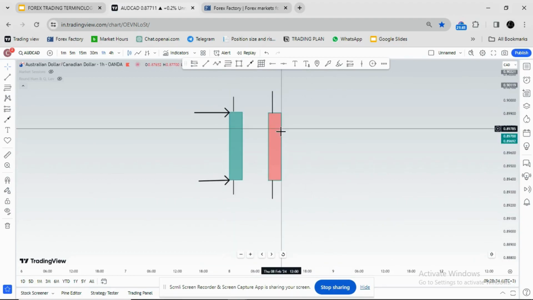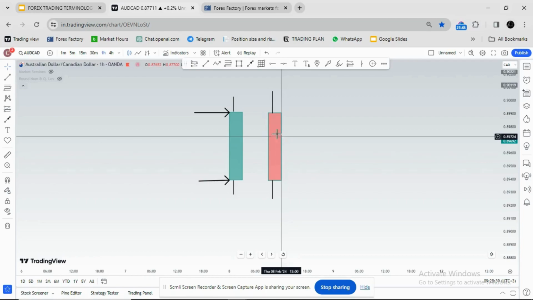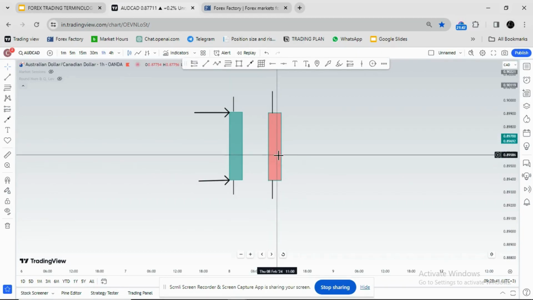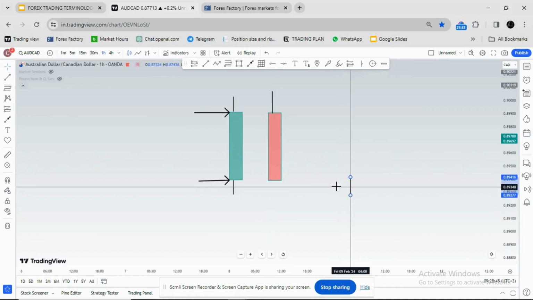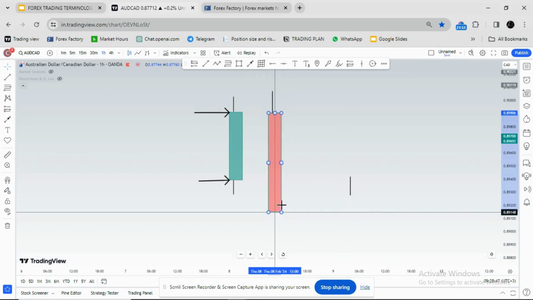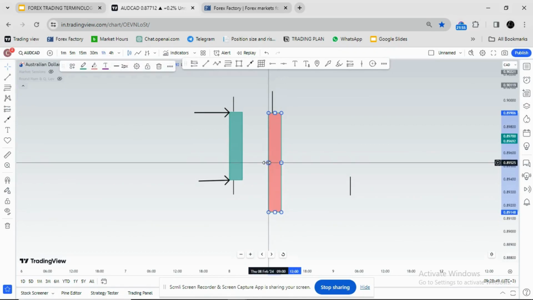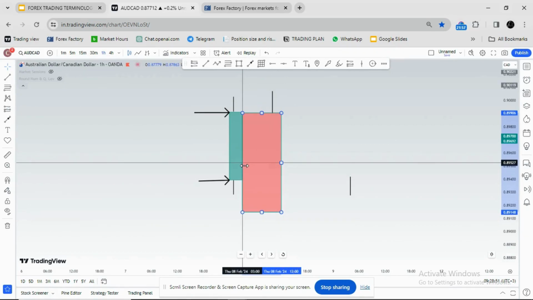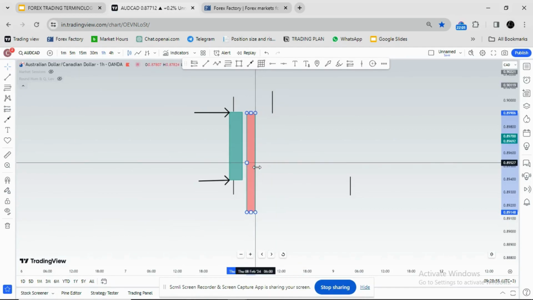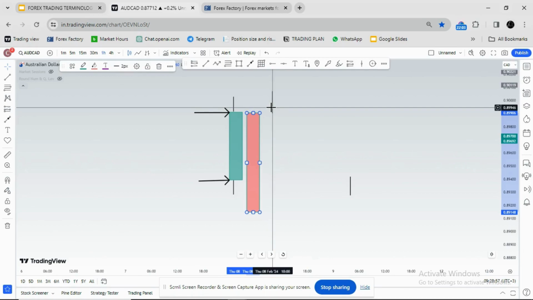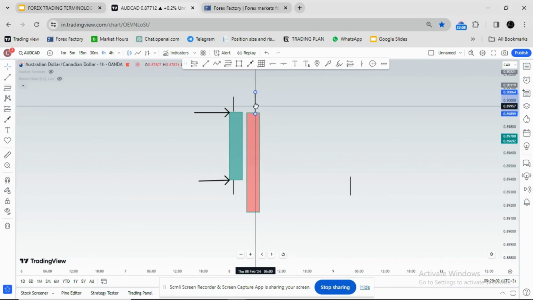Coming to here, so for example, we can have these two candles, just the way they are. Only that I'm going to do this to this one, and then maybe move them closer, so that I can explain what I want to explain to you guys. There.